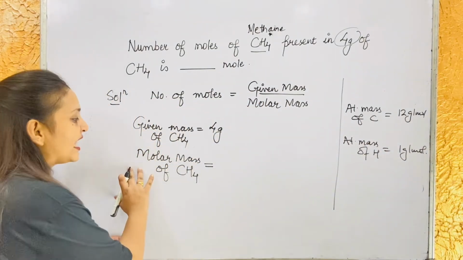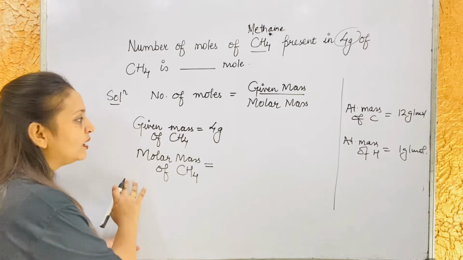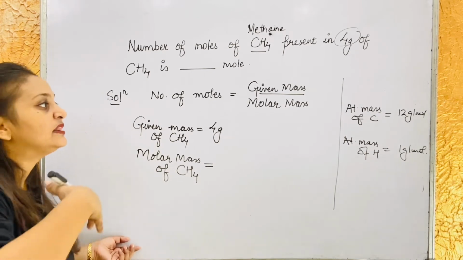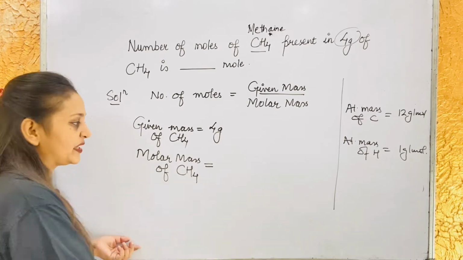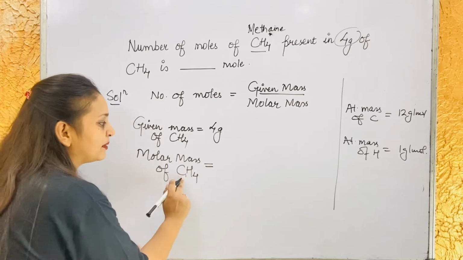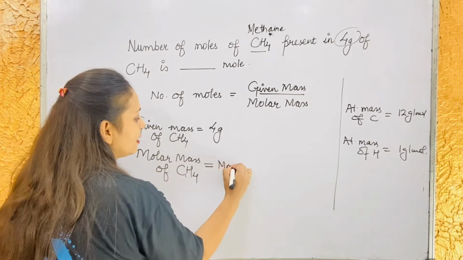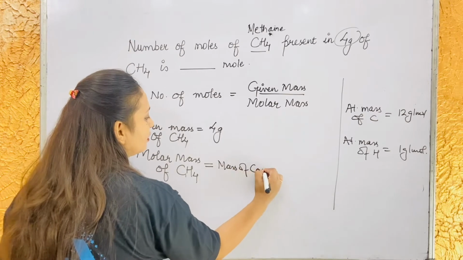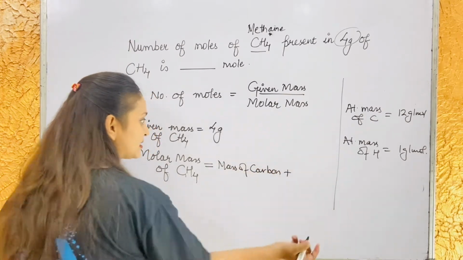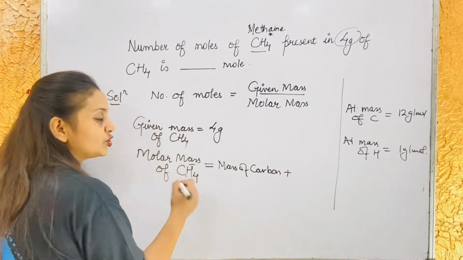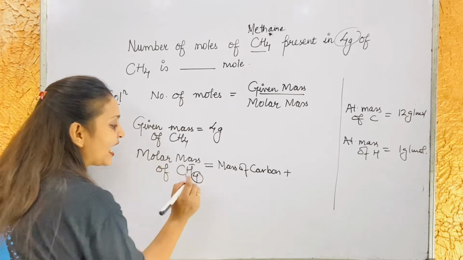Now we have to calculate the molar mass. In molar mass, we have to add the masses of all the atoms present. There is only one carbon atom, so we will add the mass of carbon plus the mass of hydrogen. How many hydrogen atoms do we have? 4.